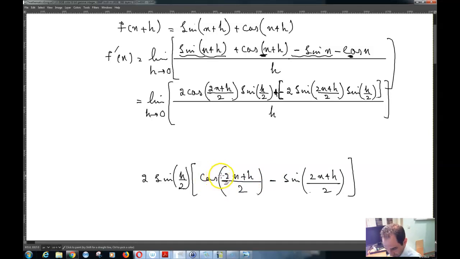This is the same angle as this, so you can call this, for example, cos x minus sine x. I think there is something here that we can use. No, I don't think so.